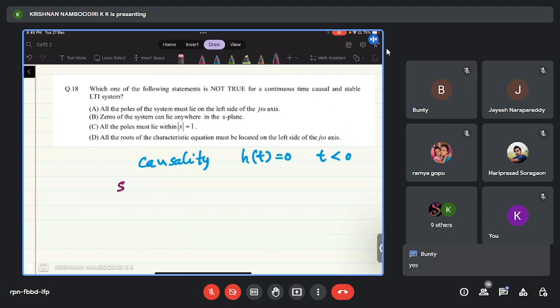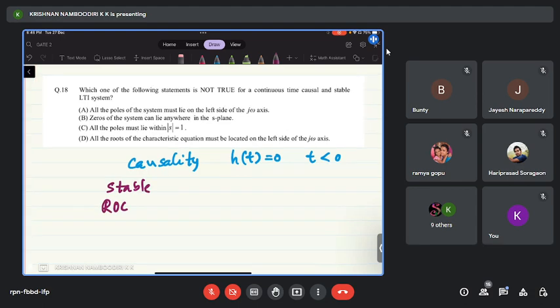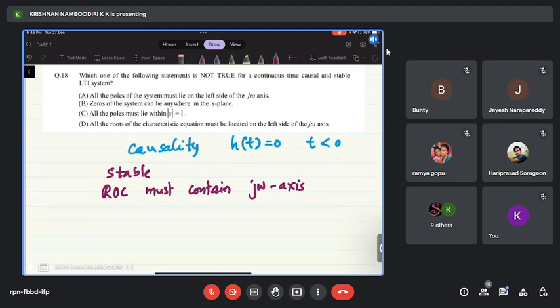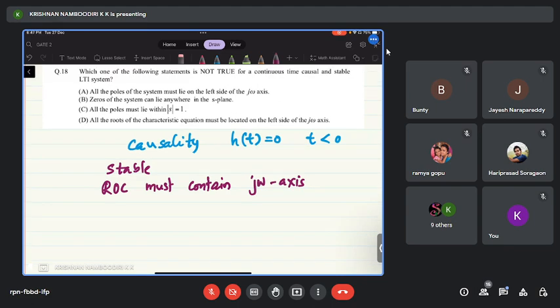Stable means the ROC must contain the j omega axis. Agree? ROC must contain the j omega axis means this is a right-sided signal, correct? Either it must be a right-sided signal or it must be a finite duration signal.